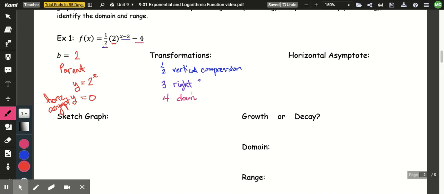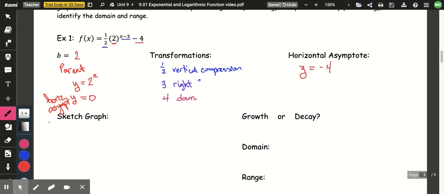If I move it to the right 3, then I'm adding 3 to all of the x values, and there are no x values in this equation, y equals 0, so that doesn't change it either. If I move it down 4, then that means I'm subtracting 4 from all of the y values. Now that one would actually change it. So that one's going to give me a new horizontal asymptote there. So 0 minus 4 would give me -4.